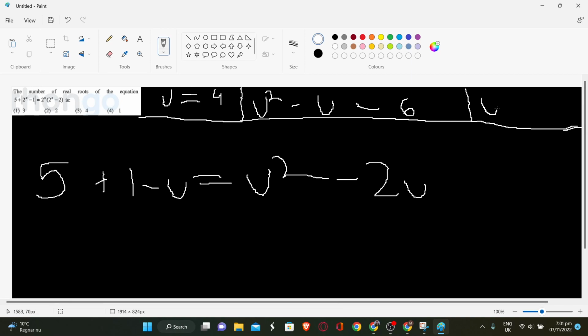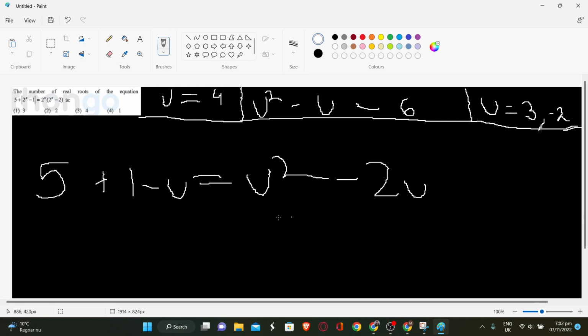The two solutions should be u equal to 3 and negative 2. Yeah, 2 minus 1 minus 3 plus, yeah, I'm correct.